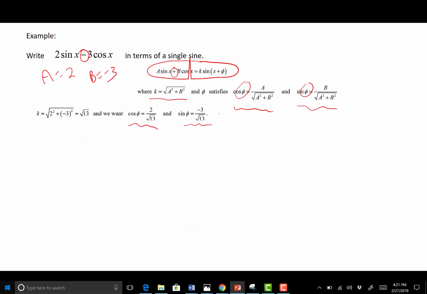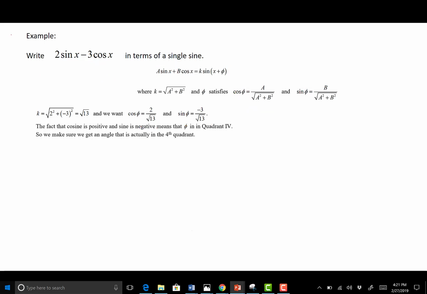And what's very important about that is don't just use an arc sine or arc cosine. You've got to think about it first. The fact that cosine is positive and sine is negative means that we're in quadrant 4. So however you find the angle phi, just make sure your answer is in quadrant 4, whether you have to do some manipulation of it or whatever you do.